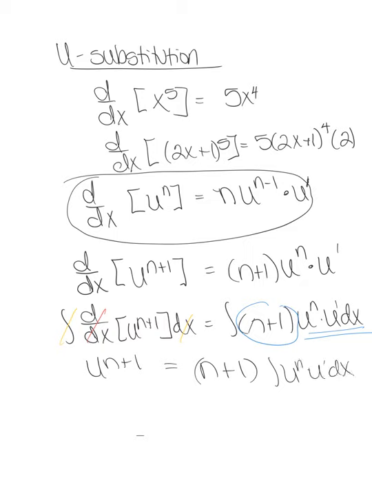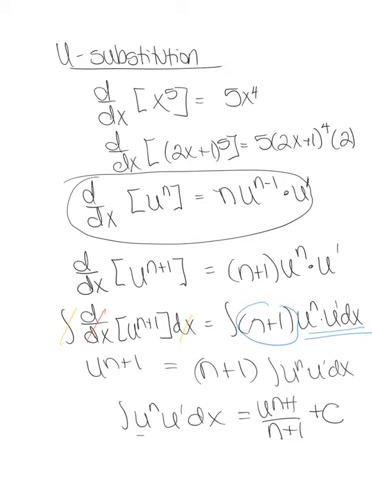Then if I divide both sides by n plus 1, I get the form that we're going to look at today for our u substitution: the integral of u to the n times u prime dx will be equal to u to the n plus 1 over n plus 1 plus c.